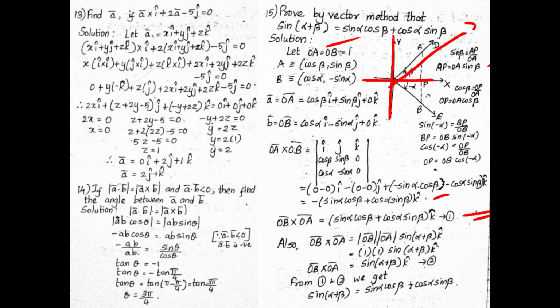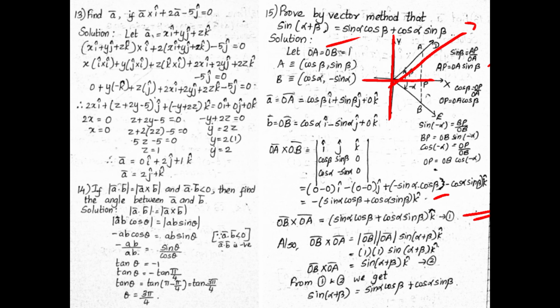Also, OB vector cross OA vector, by the formula, we get magnitude of OB into magnitude of OA into sine of alpha plus beta k unit vector. Okay, sine alpha plus beta. Why do we write sine alpha plus beta? Because the angle between these two vectors is in the clockwise direction, so alpha plus beta.